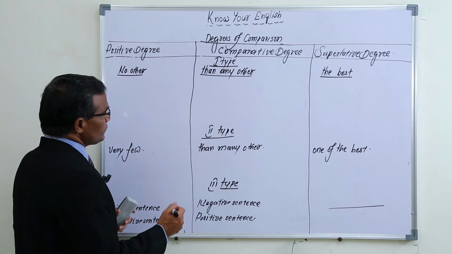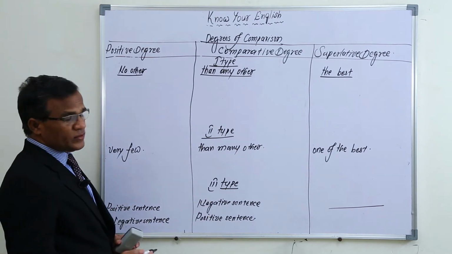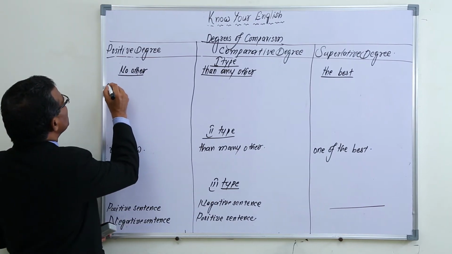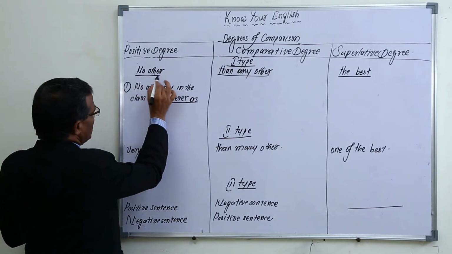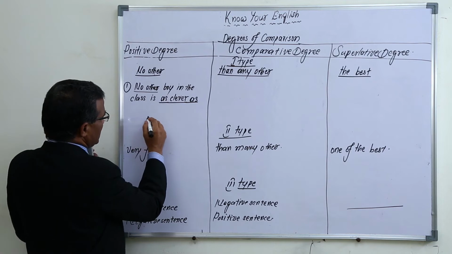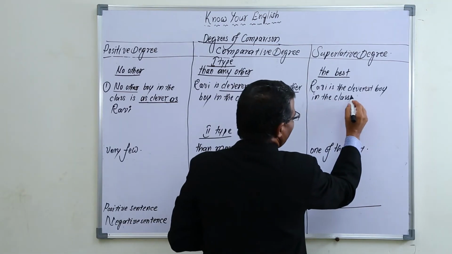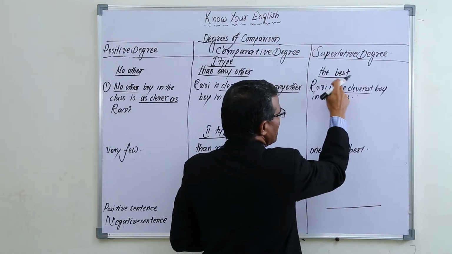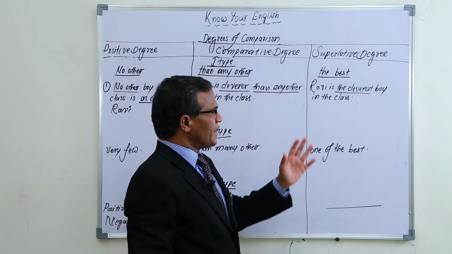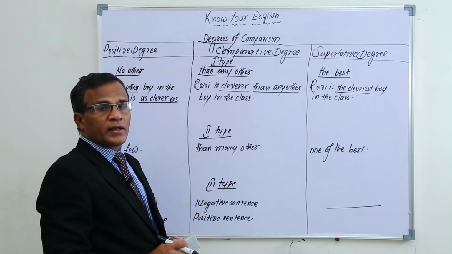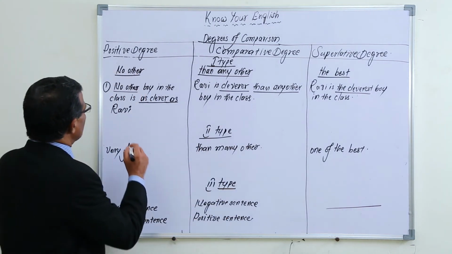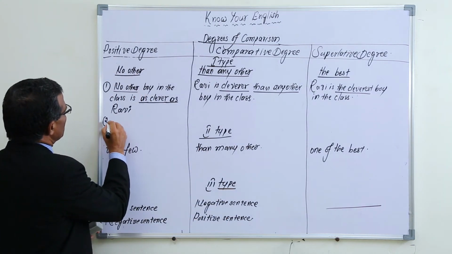Okay. For example, now only we have taken the first example here. No other boy in the class is as clever as, the cleverest is equal to the best. The best means the cleverest. Just like that, you see the oldest, the tallest, like that we use. Okay. And one more example also let me take.